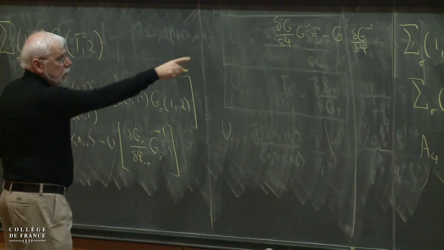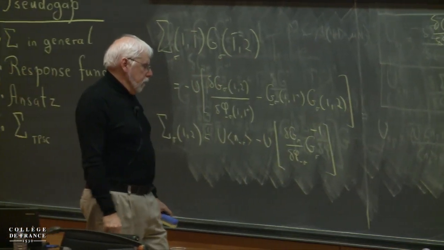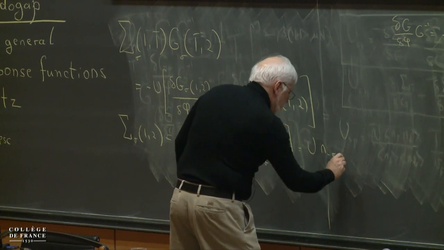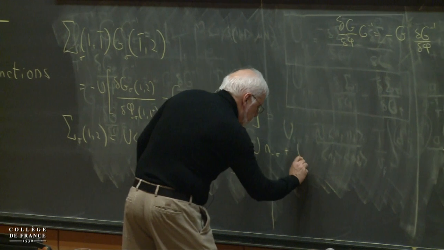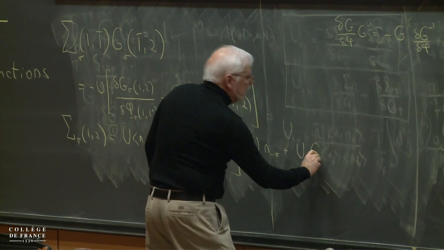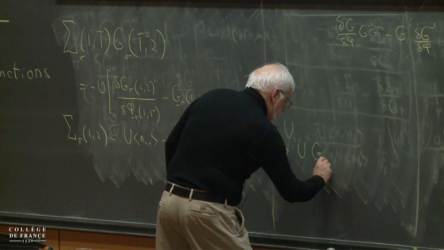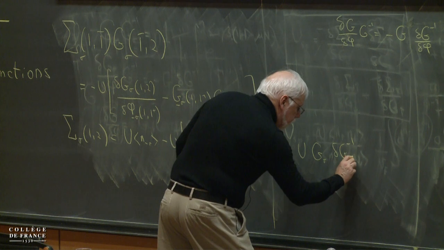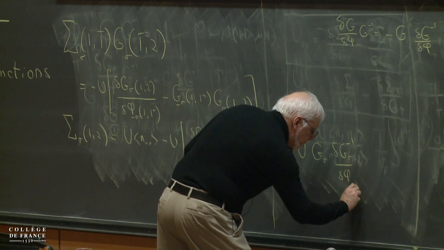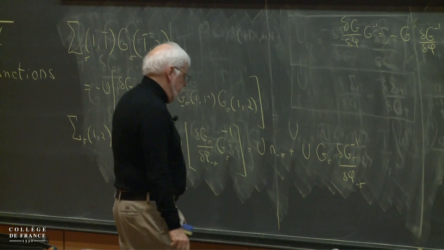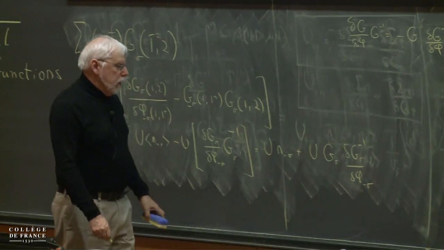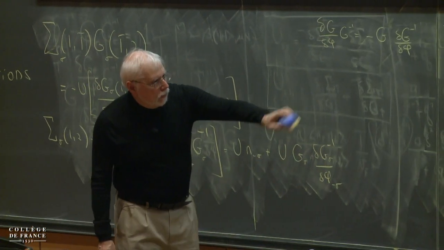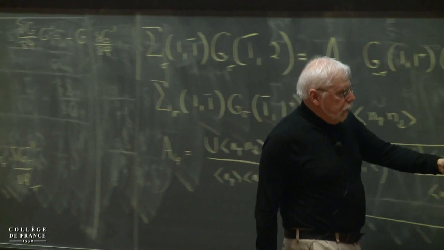So if I just use this identity, I get U n minus sigma plus now U times G of sigma delta G minus 1 sigma delta phi of minus sigma. So this is just this equation. And now I have the equation for G minus 1. Again, it's over there. It's this expression.